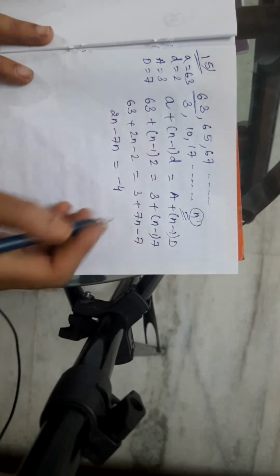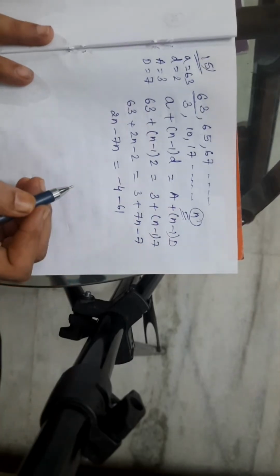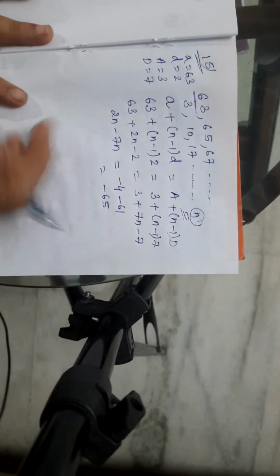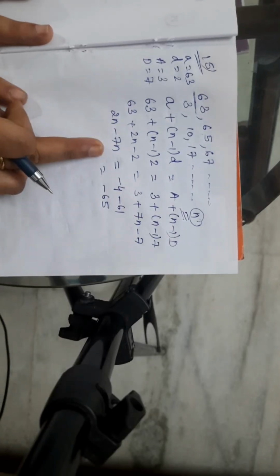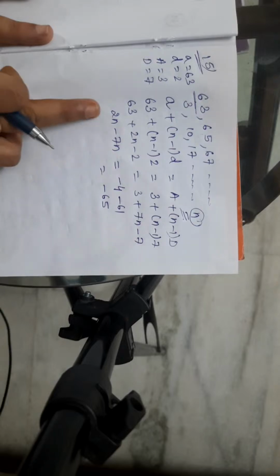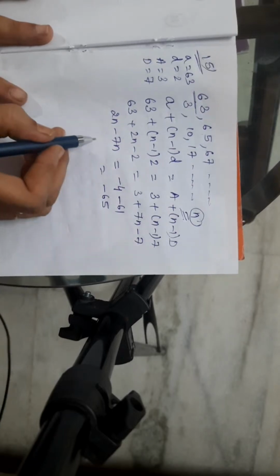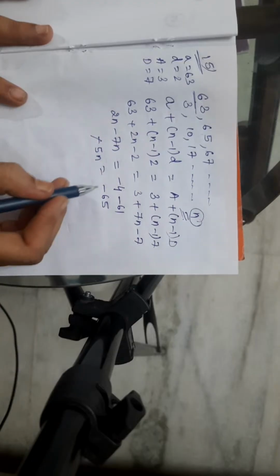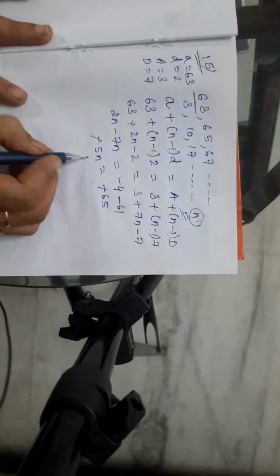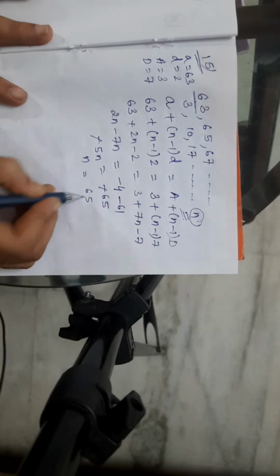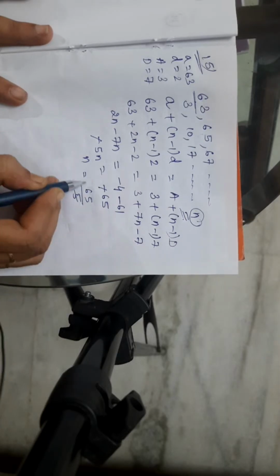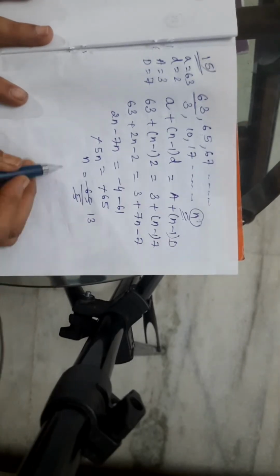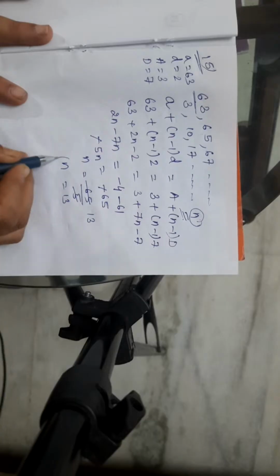If we shift that side, it will be minus 61. Minus will get added, so it's minus 65. Subtracting both numbers, we need to remember 2 minus 7 is minus 5. The bigger number's sign is taken. Minus will get cancelled, so n is 65 upon 5. It's 13. Thus the value of n is 13.